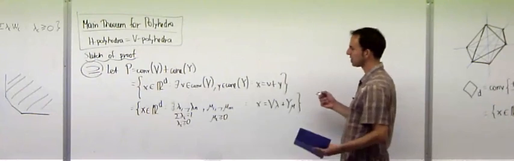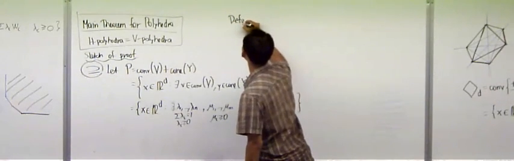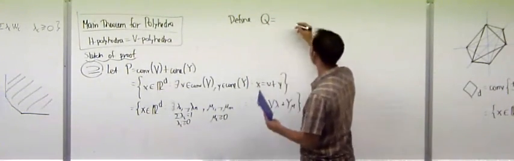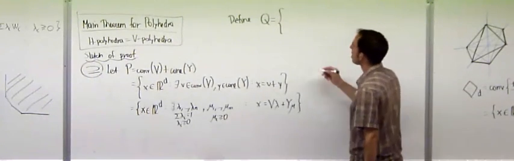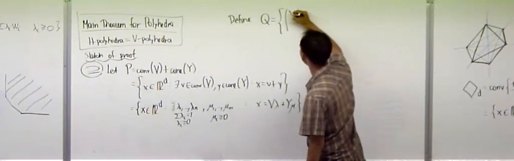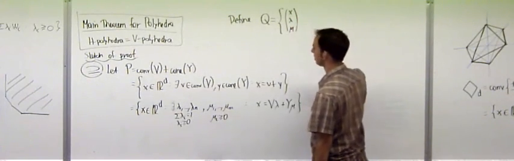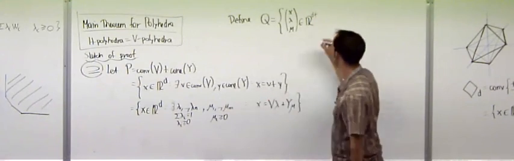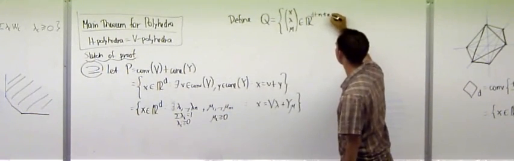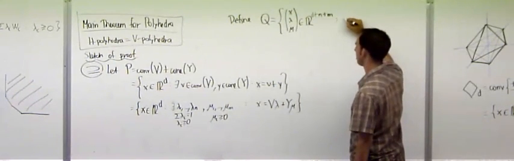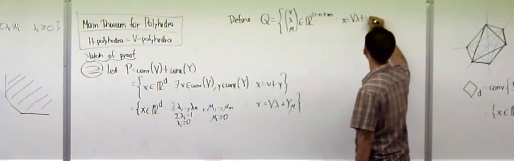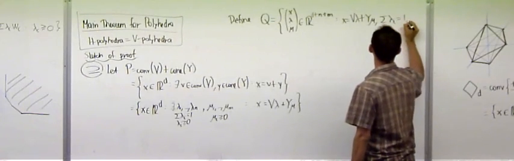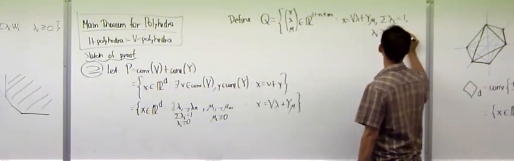Okay, so now what I'm going to do is say the following thing. Define a polytope Q, and Q is going to be the set of vectors of the form (x, lambda, mu), so x has length d, lambda has length n, and mu has length m, such that x equals V lambda plus Y mu, and the sum of the lambdas is equal to 1, and the lambdas are greater than or equal to 0, and the mu's are greater than or equal to 0.